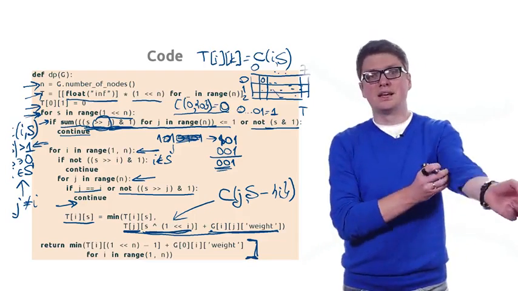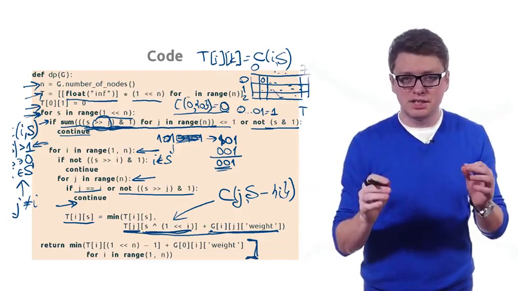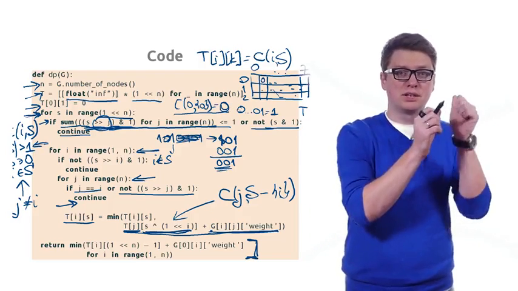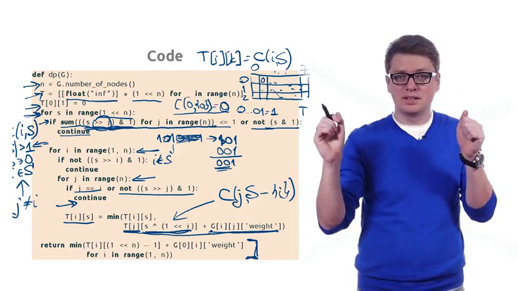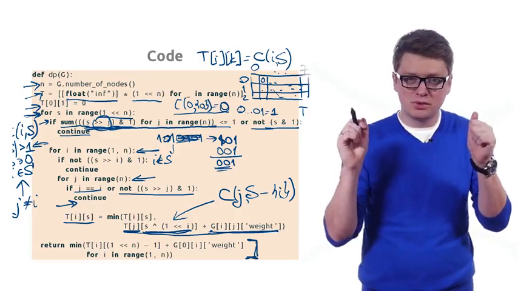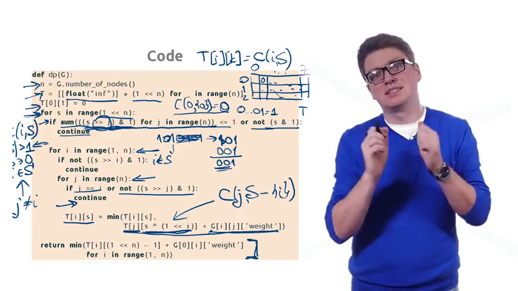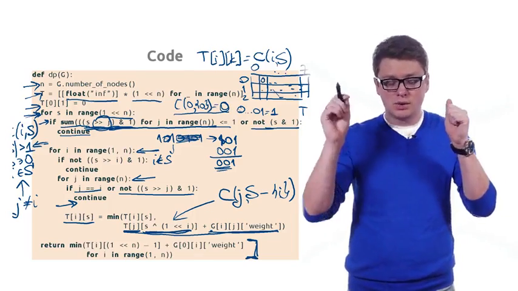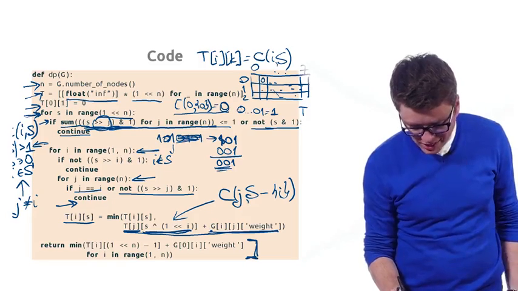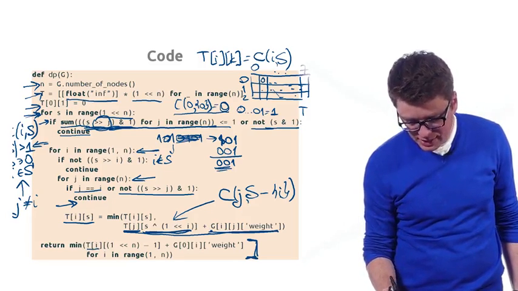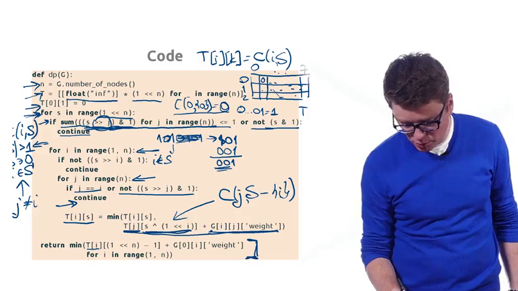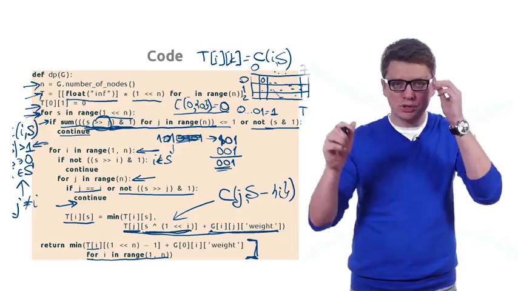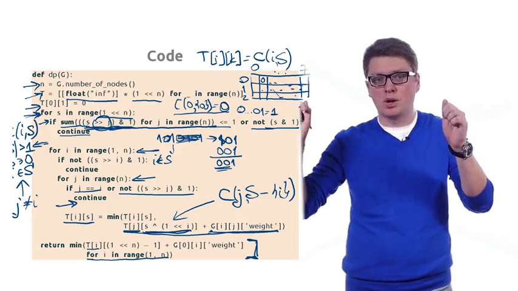So recall that our function C of I, S always computes the length of some path, starting at 0, ending at I, and visiting all the nodes. So first of all, we need to visit all the nodes. And the second thing is that we need to return back to the initial vertex. So we check all the values T of I, where I ranges through all possible values from 1 to n. So I ranges through all possible ending vertices of our cycle.